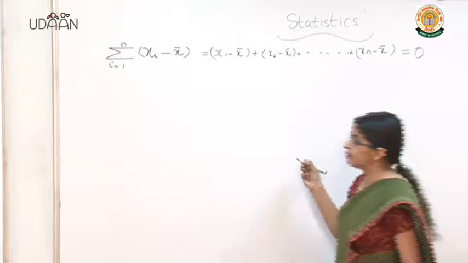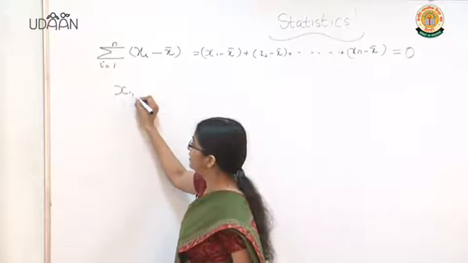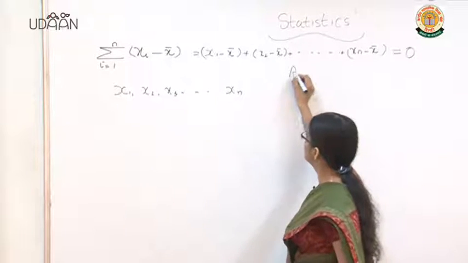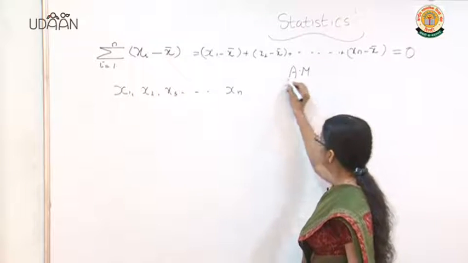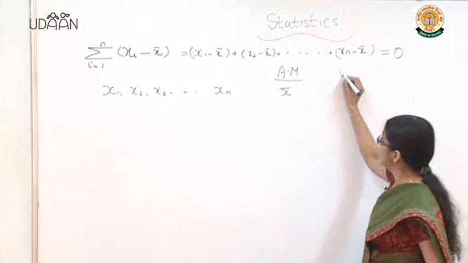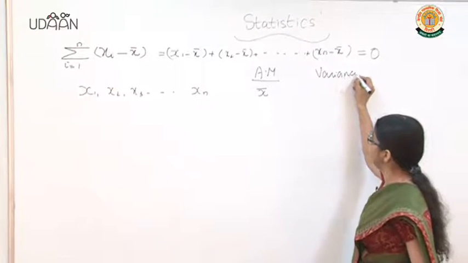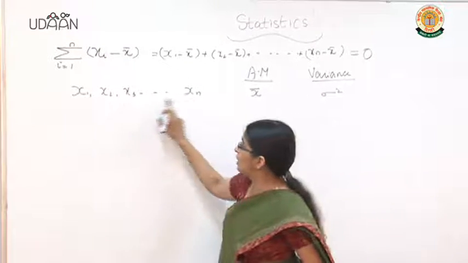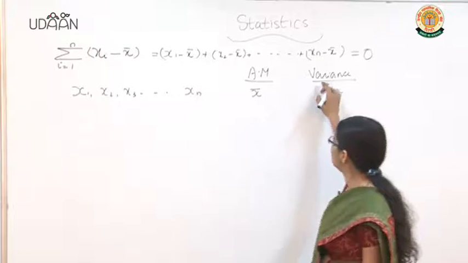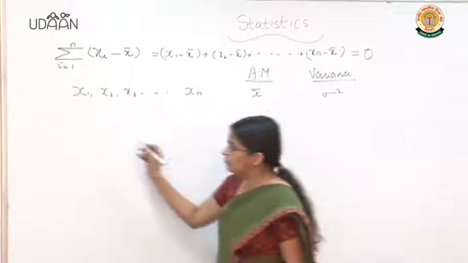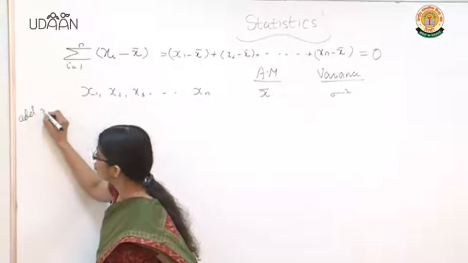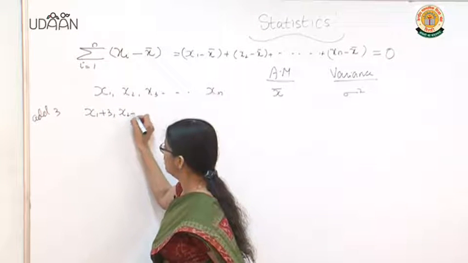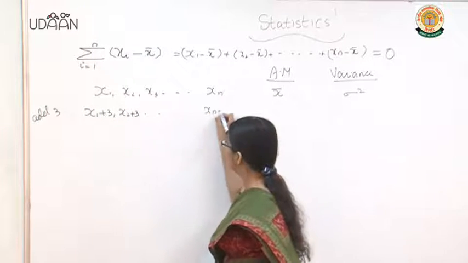It is always 0. Now consider a set of observations x1, x2, x3, etc., xn, whose arithmetic mean, let us take it as x bar, and let the variance be sigma square. Now I am going to add, let us say, 3 throughout. So the observations become x1 plus 3, x2 plus 3, etc., xn plus 3.